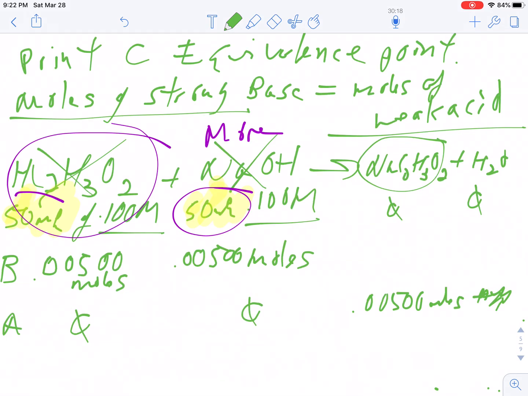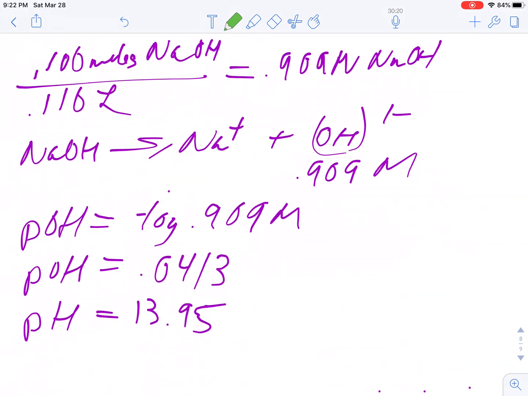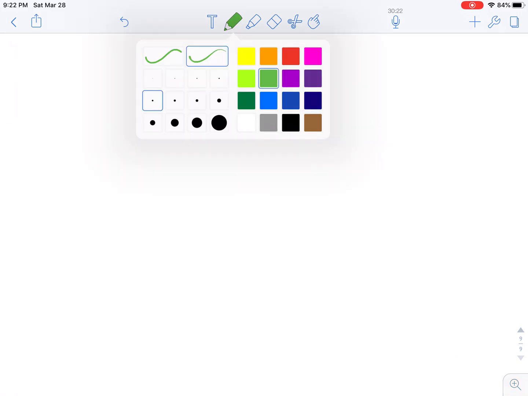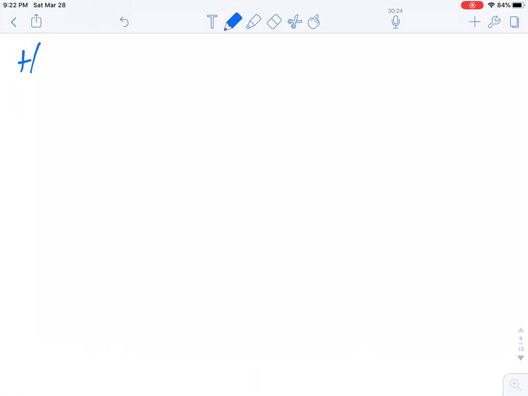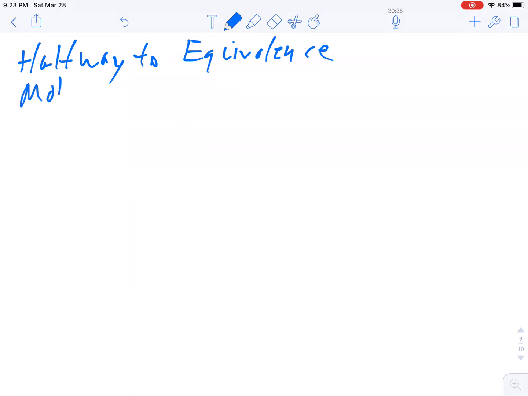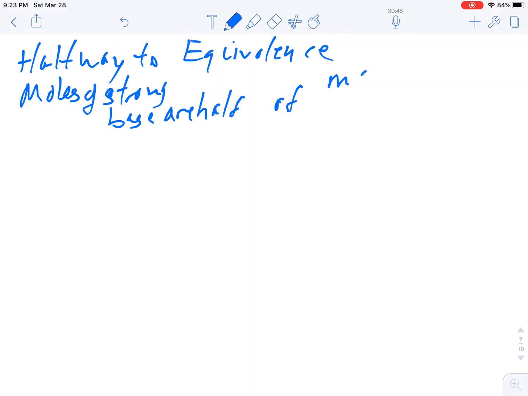So halfway to the equivalence point would mean that your moles of strong base are half of your moles of weak acid.